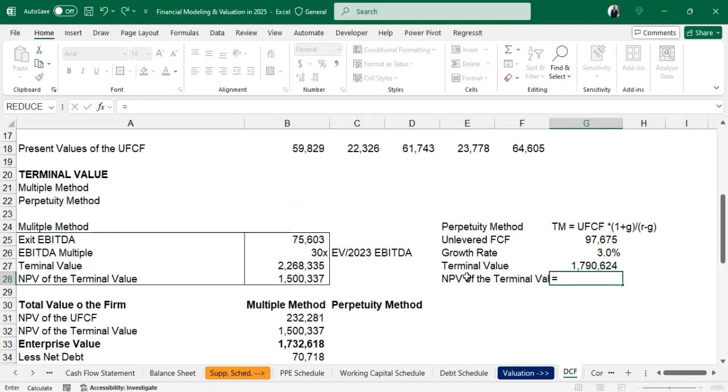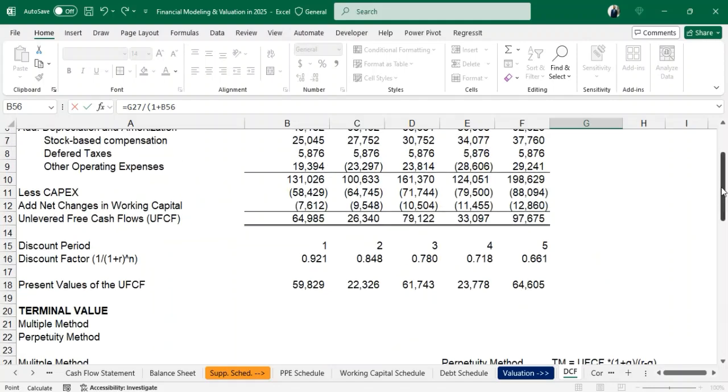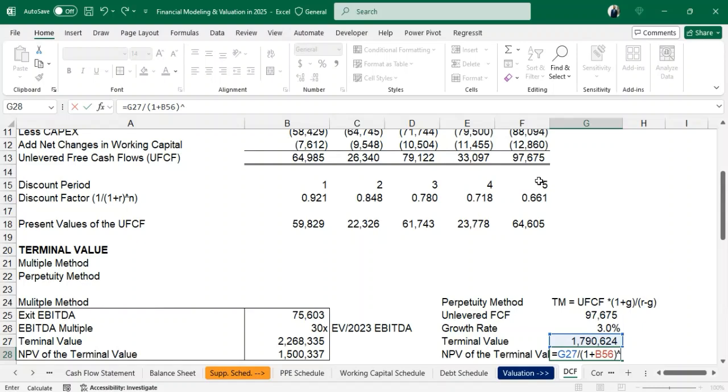And that is going to be equal to my terminal value divided by 1 plus the WACC once again, and I'll close the parentheses, raised to the power the last period, discount period, which is 5 years.